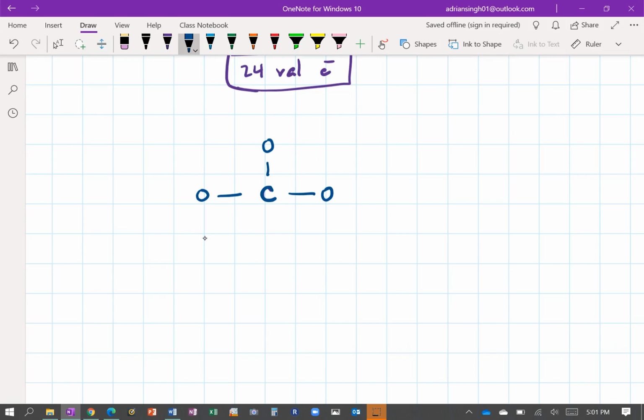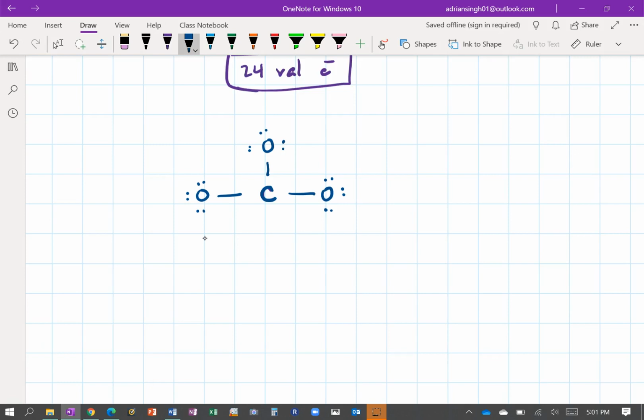And then we're going to give these outer atoms enough electrons to account for their octet. So this oxygen here on the right side, it needs 6 more to complete its octet. The oxygen on the left side also needs 6 more. And the oxygen on the top also needs 6 more to complete its octet.